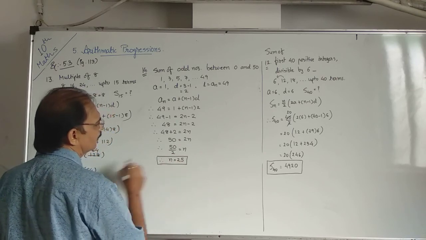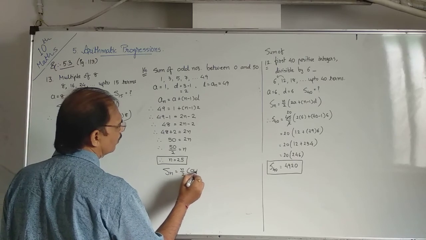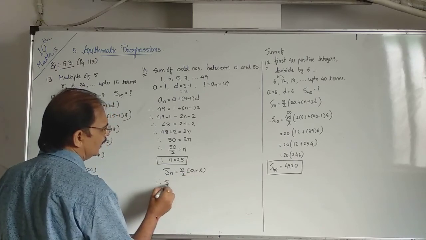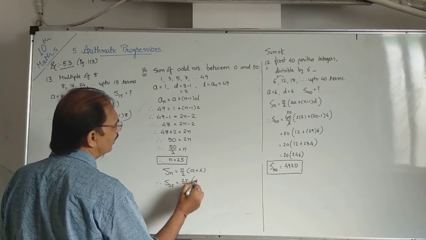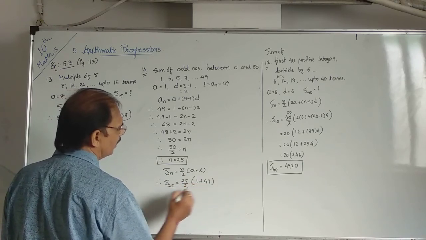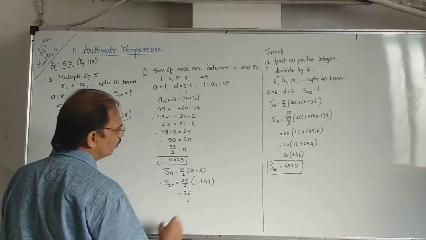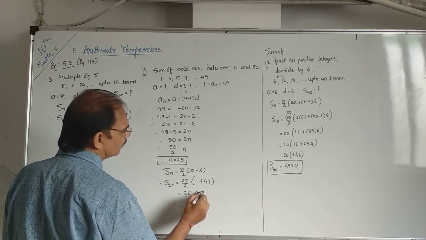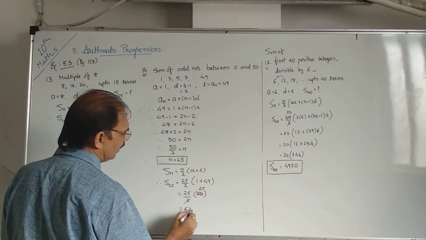25 terms are there. Now Sn equals to n by 2 into a plus l, because I have the last term. S25 equals to 25 divided by 2, a is first and last term is 49. 25 divided by 2 into 50. 2 25s are 50, so it is 625.